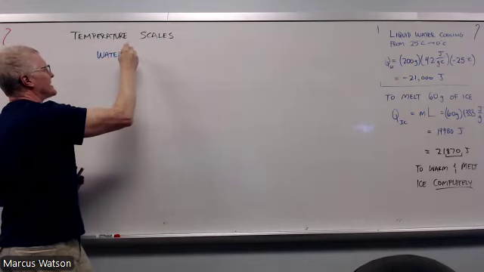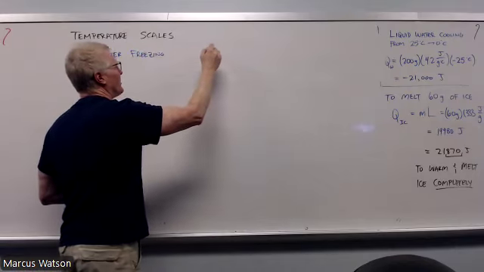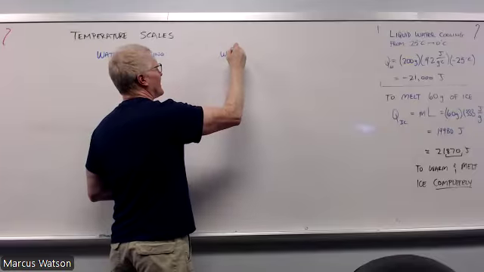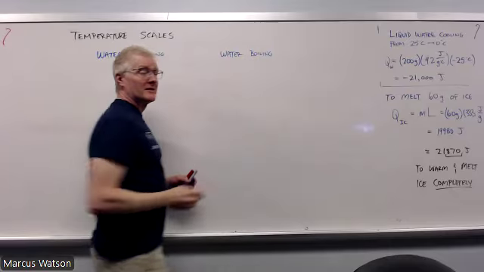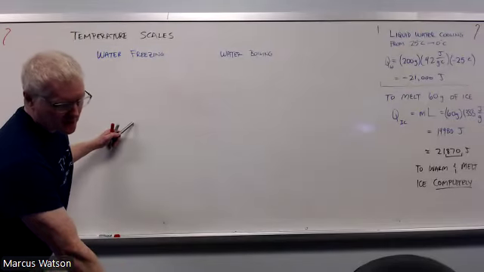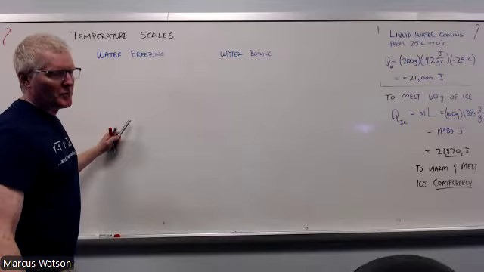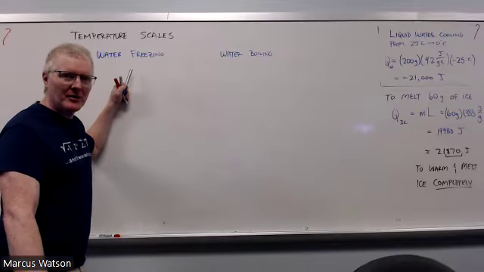In order to establish a temperature scale, you have to have a couple of points. And in history, two points were taken. Well, that's not quite true. Fahrenheit's not quite that way, but it's almost that way.